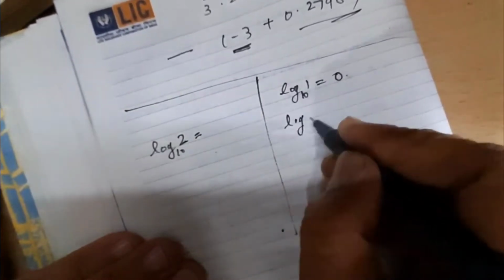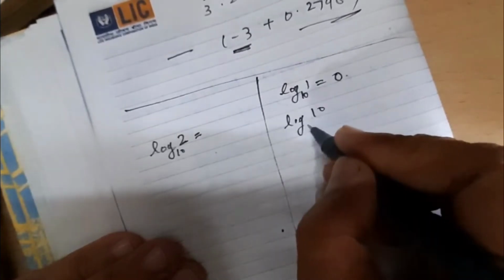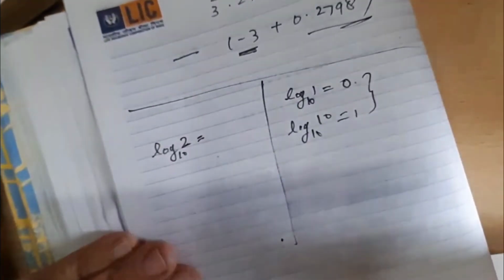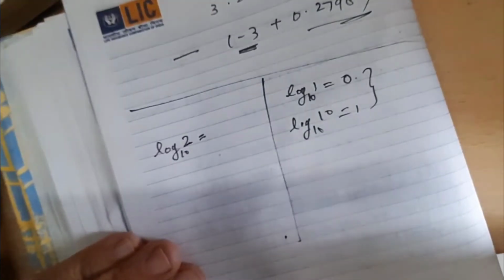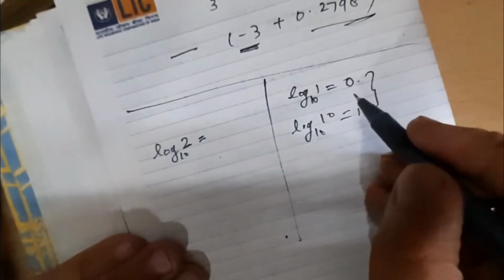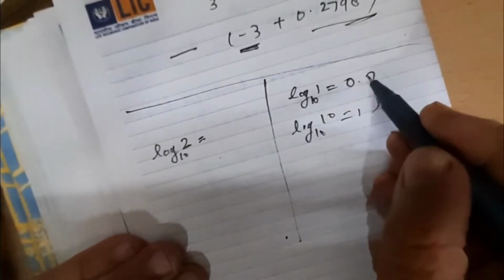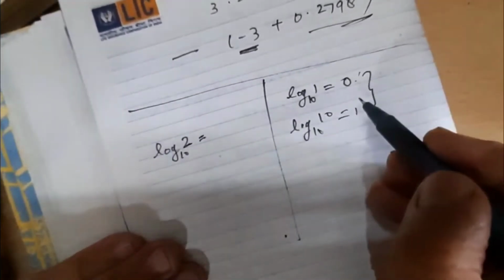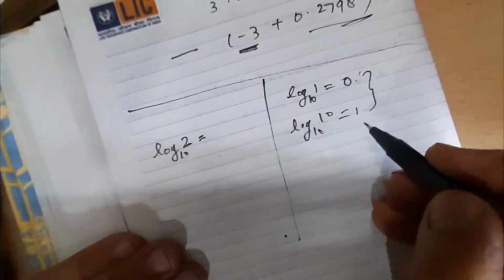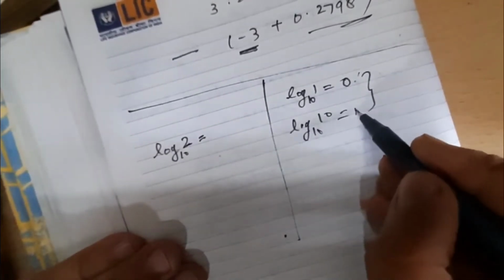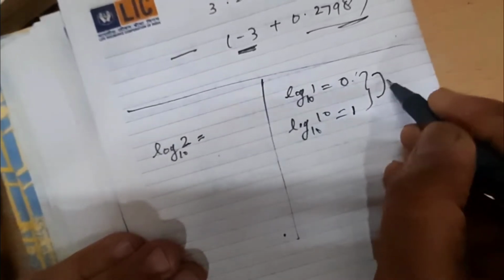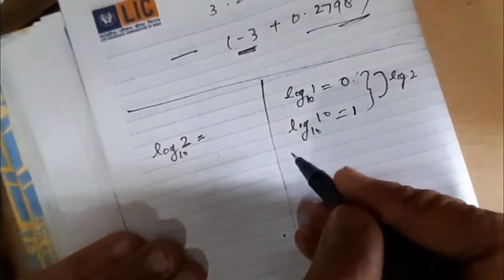And log 10 value is 1. You see here, we want the value of log 2. The value of log 2 lies between 0 and 1, more than 0 and less than 1.